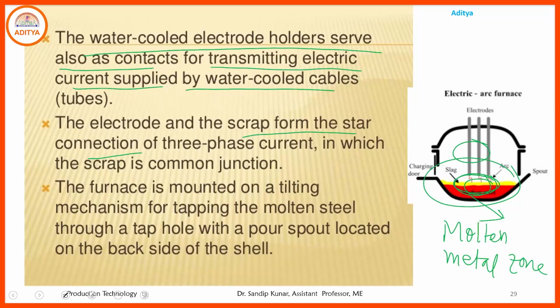After removing the slag, we remove the molten metal through the spout located on the back side of the shell, through which we easily remove the molten metal.